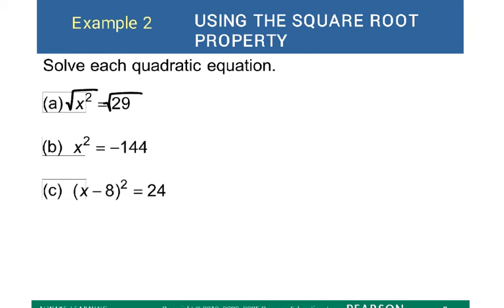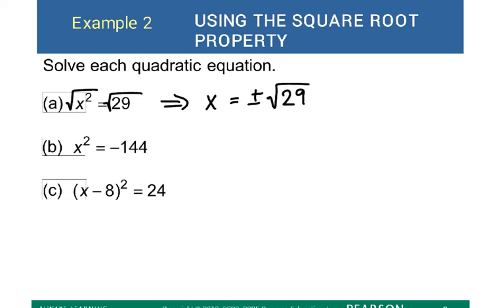And make sure that the square root property gets properly used, because x is equal to not just the positive square root of 29, but the plus and minus square root of 29. These are two separate solutions. One is the positive square root of 29, one is the negative square root of 29, but we can write it just like this, plus or minus the square root of 29.